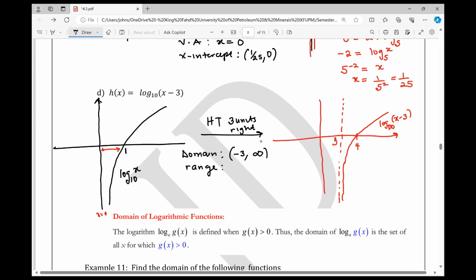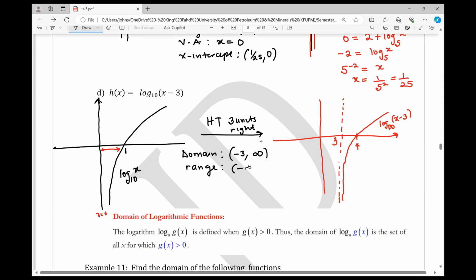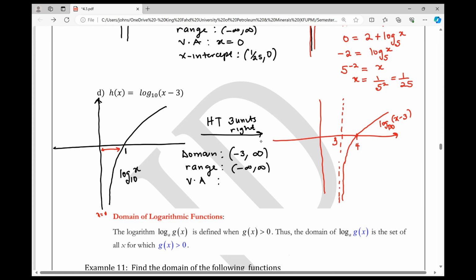The range is still from minus infinity to infinity, right? Because look at the graph. The graph is all to the right of the vertical asymptote. So your domain has to be from 3 open. Then we have the vertical asymptote. The vertical asymptote is just the line x equals 3.